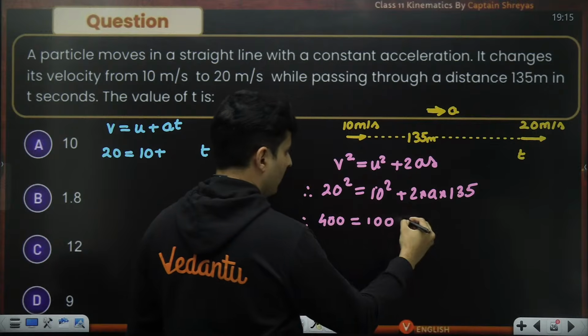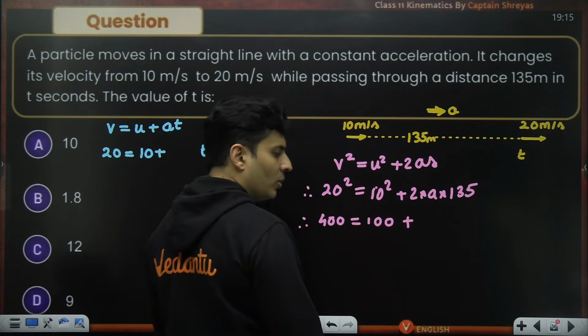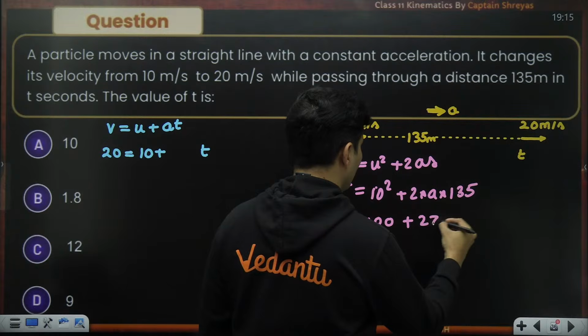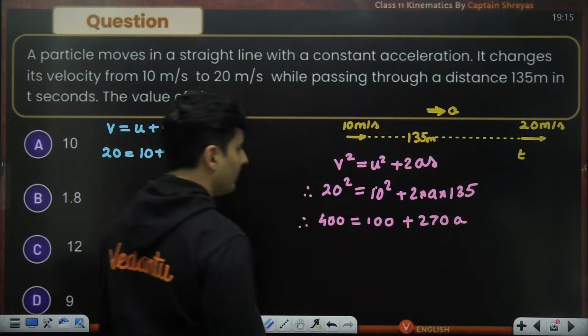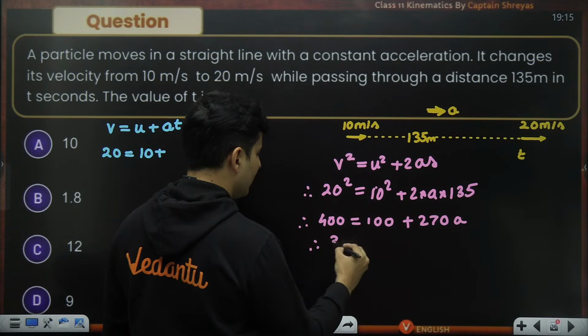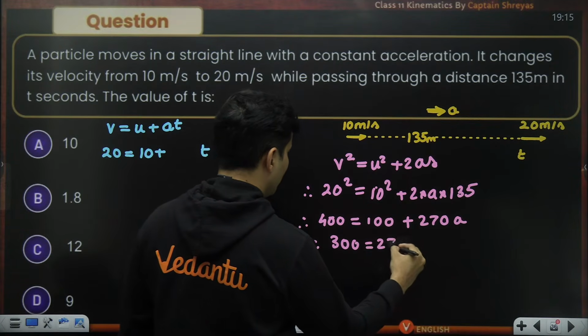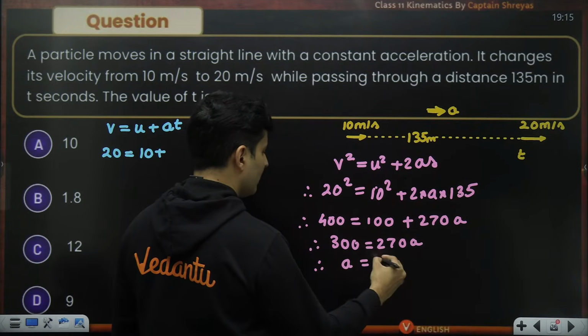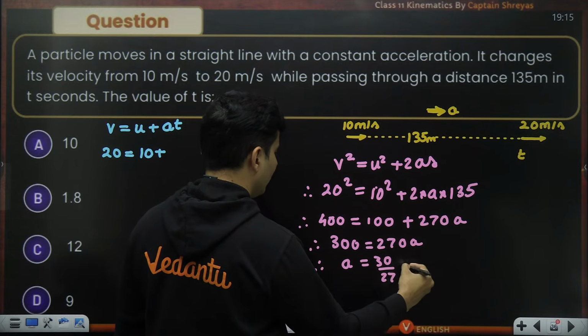Plus 135 into 2, that is 270. So 400 minus 100, which is 300, is 270 A. Zero, zero cancels. So A will become 30 by 27.